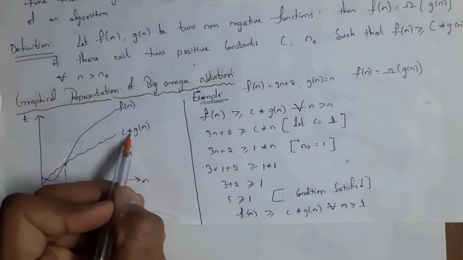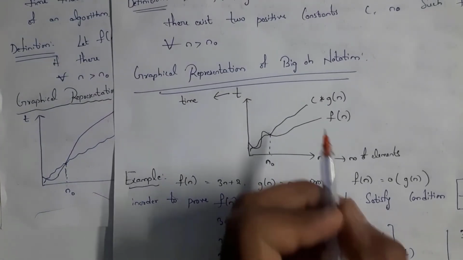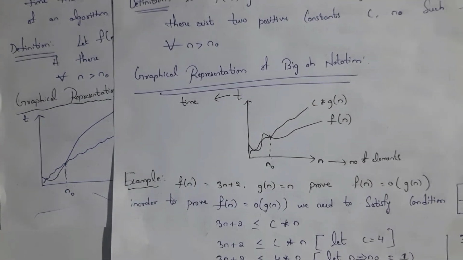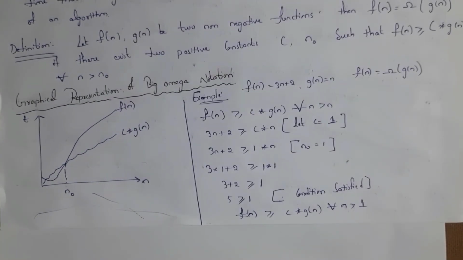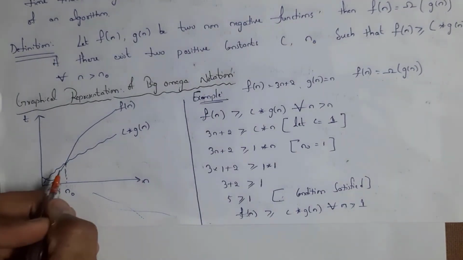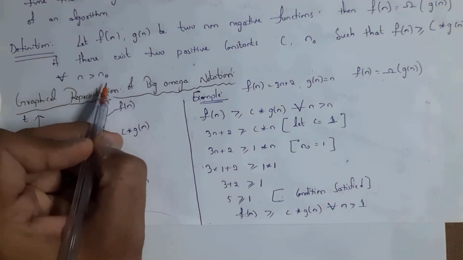So c into g of n is lower than f of n, whereas in big O notation I took c into g of n upward because it is used to represent the upper bound, whereas big omega notation represents the lower bound. So I took c into g of n lower than f of n, and the point at which these two lines meet is known as n naught, where n is greater than n naught.